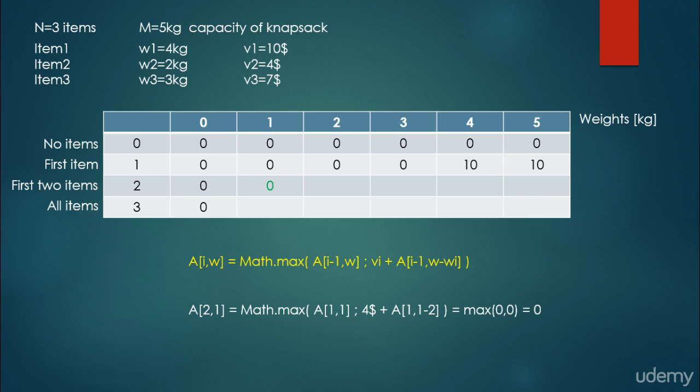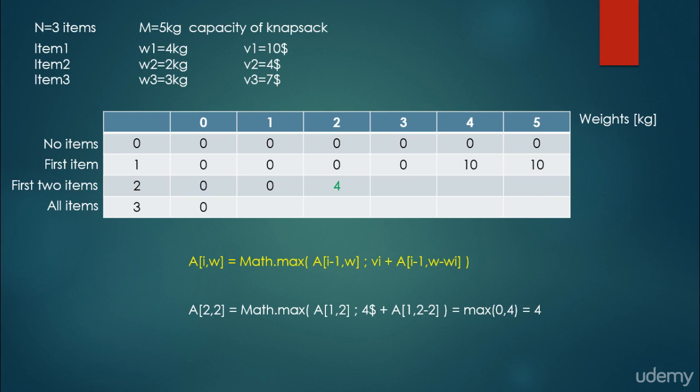We jump to the next column, and it's going to be 4. Why? Because A22 is equal to the max with A, 1 and 2, which we can look up in the table: row index 1 and column index 2, there's a 0. And the second integer will be $4 plus A, 1, 2 minus 2.